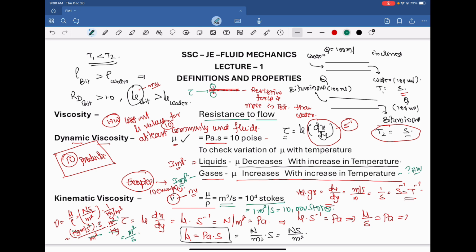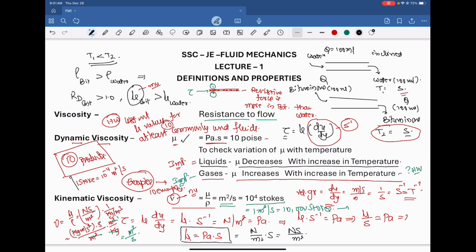Hence, for practicability, a unit called Stokes is used for kinematic viscosity in practical industrial or engineering purposes. 1 Stoke is equal to 10 to the power of minus 4 meter square per second.